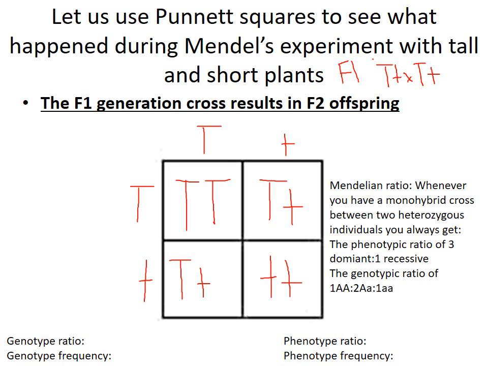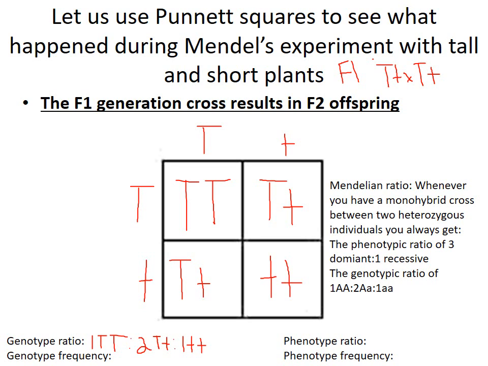We can start off with the genotypic ratio. What's interesting is whenever you see this genotypic ratio, you know that it must have been heterozygous individuals crossed with each other. So we get one big T, big T, which is always one homozygous dominant, for every 2 big T, little t, for every 1 little t, little t.